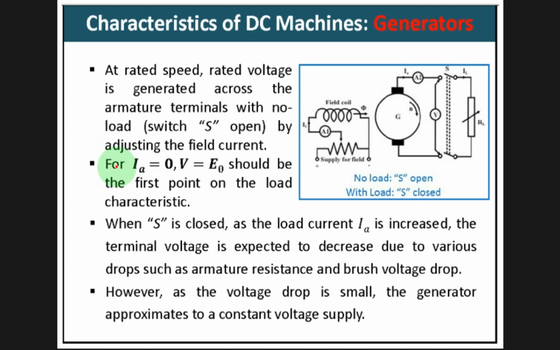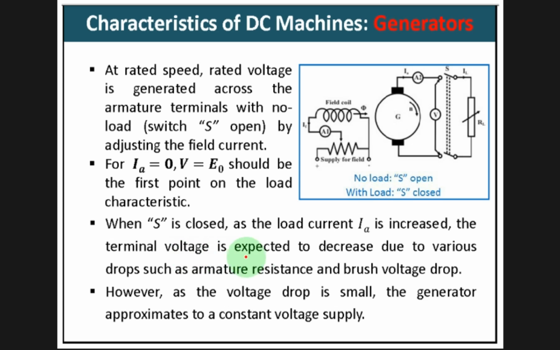So for IA equals 0, IA is the armature current here, the voltage generated here will be E naught. When S is closed, that means when the load is connected, the load current IA is increased.